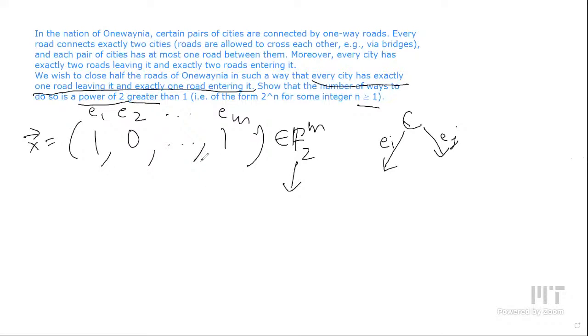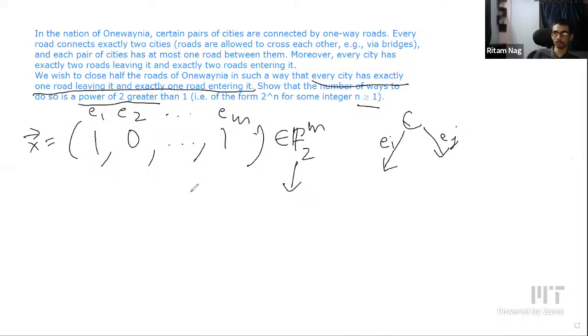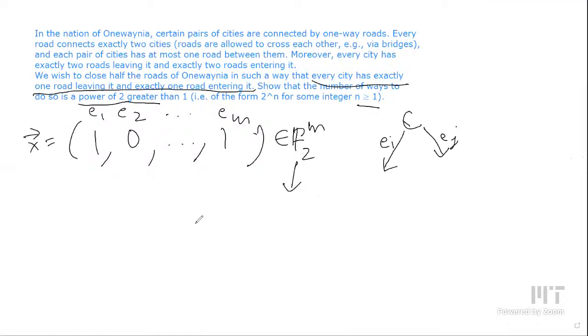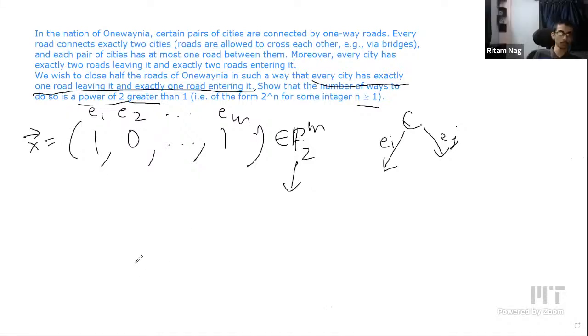Subspaces are themselves vector spaces over F2. Okay, I should probably have explained what a subspace is better. So maybe I'll give an example.